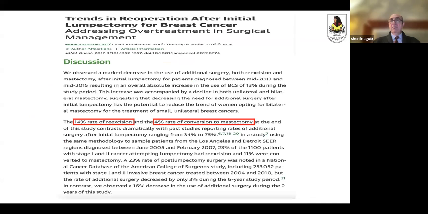Now, these figures that were found with the study were actually comparable to other studies concerned with mastectomy. As you can see, 14% of patients required re-excision in the study, and conversion to mastectomy did not exceed 4% in this study by Monica Moreau.